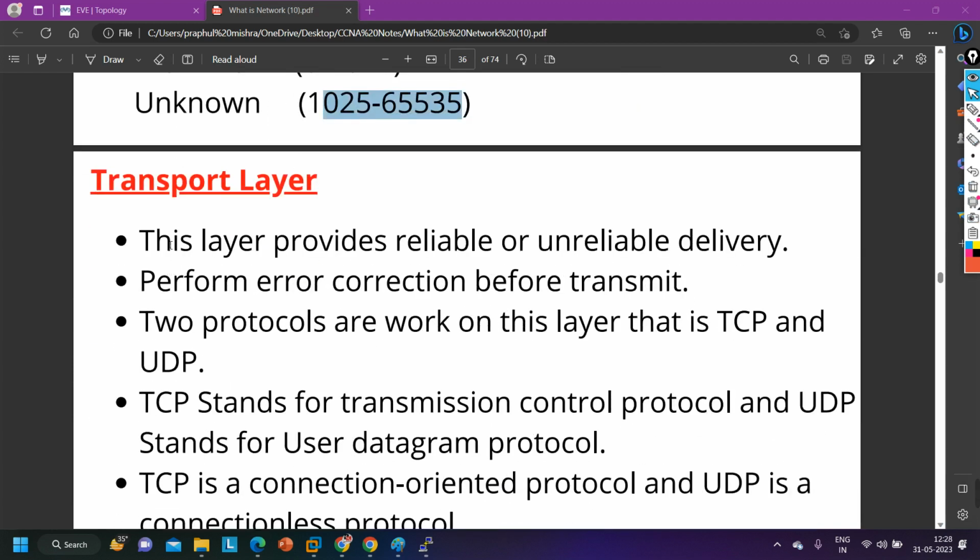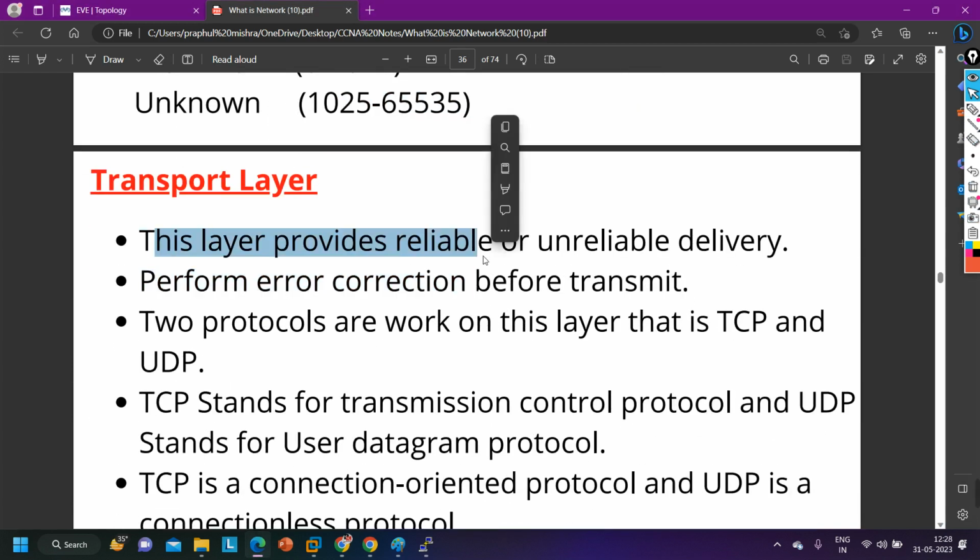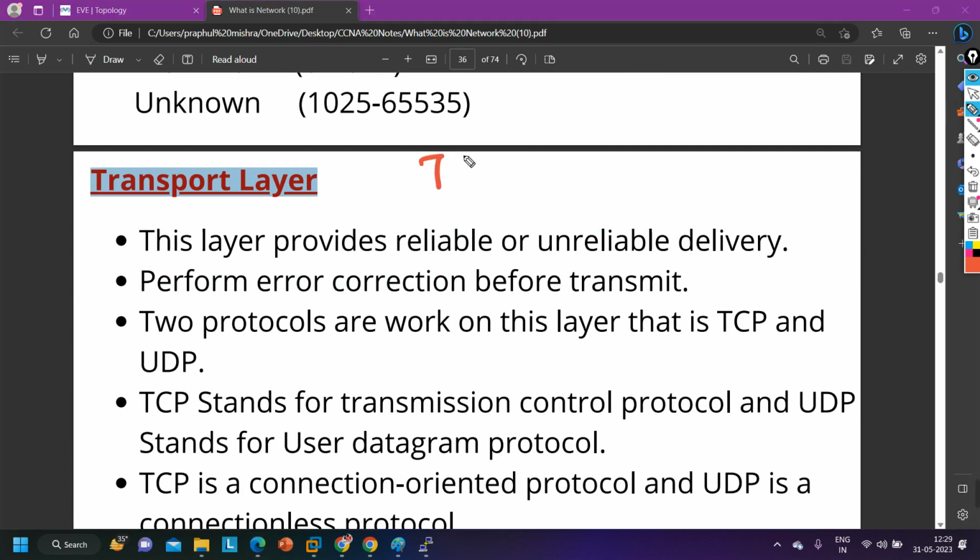So see, at the transport layer, this layer provides reliable and unreliable communication. As I told you, at the transport layer there are two protocols. One is TCP and another one is UDP. TCP stands for Transmission Control Protocol and UDP stands for User Datagram Protocol.